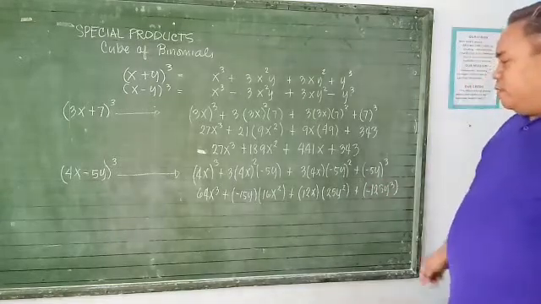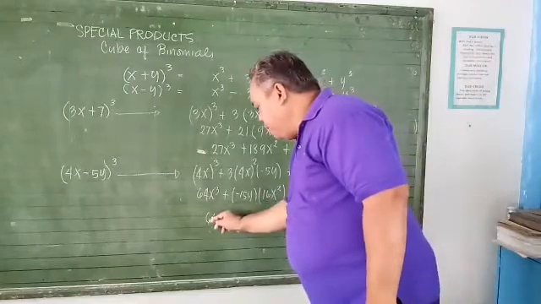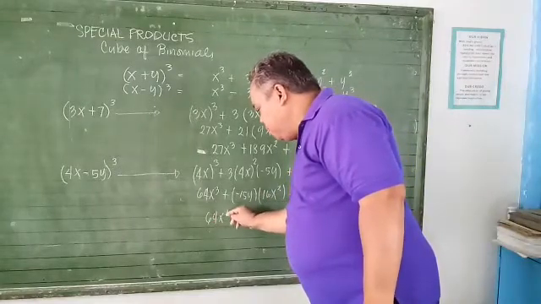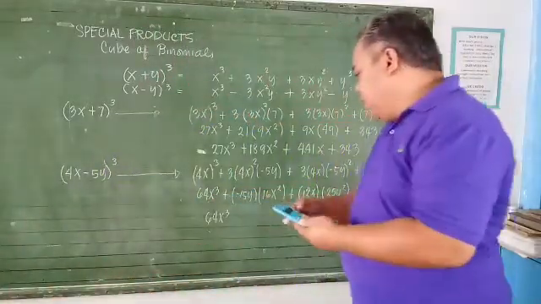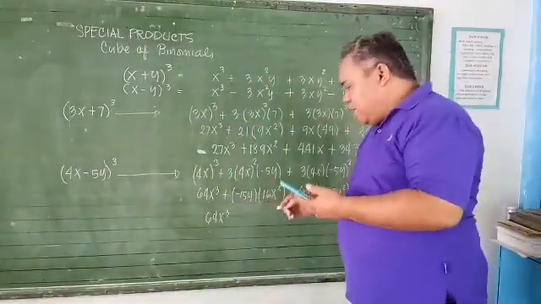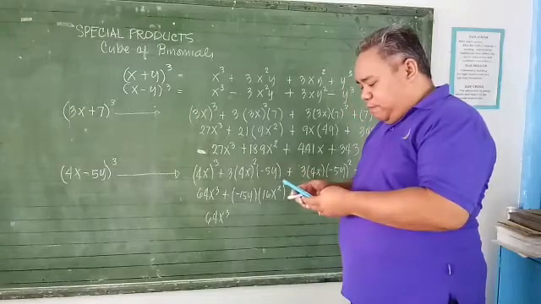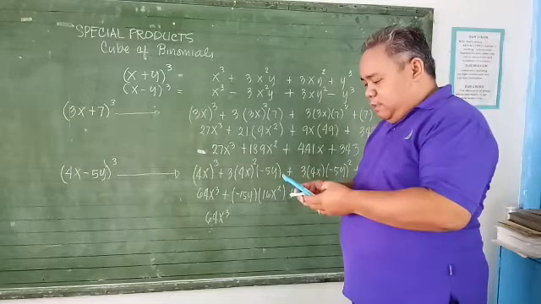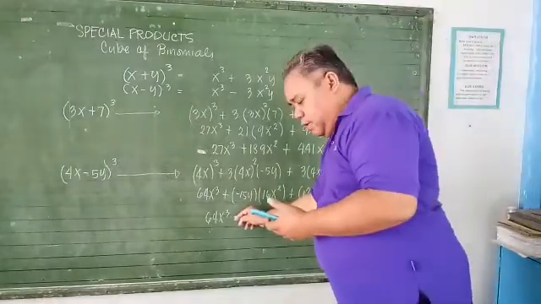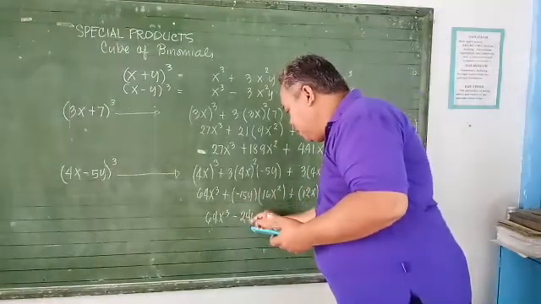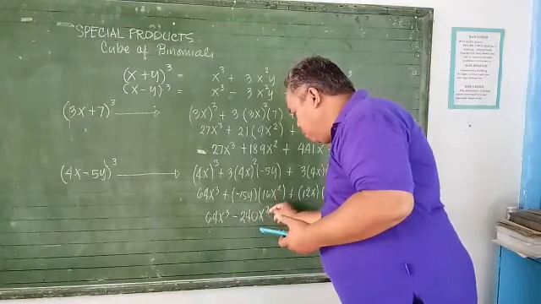Okay. So this is 64x cubed. What about this one? Negative 15 times 16x squared. So negative 15 times 16 will give you negative 240x squared y.